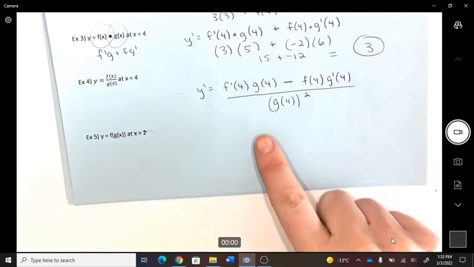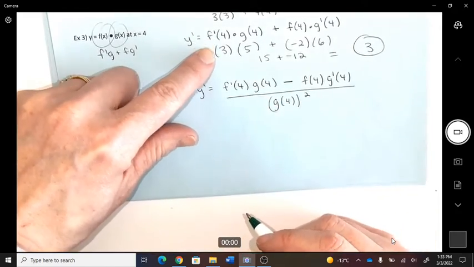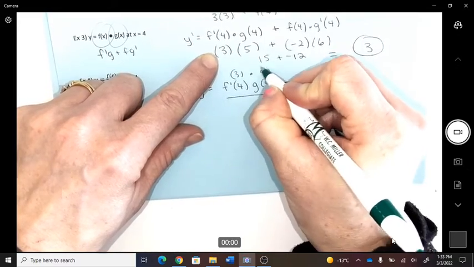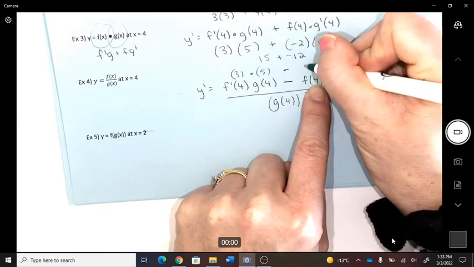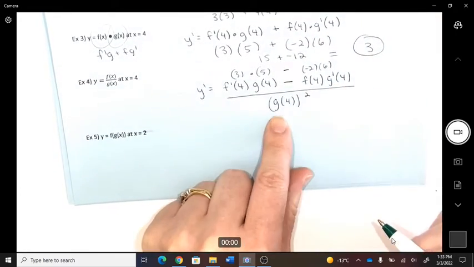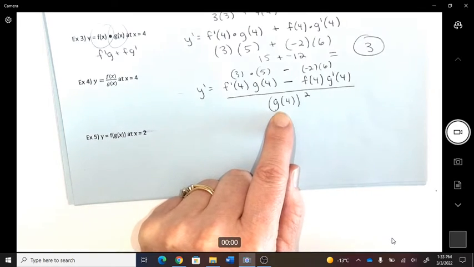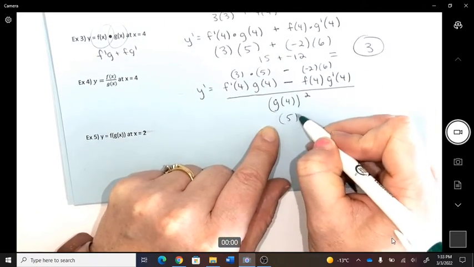Okay, I feel like these are all the numbers from above, aren't they? We okay to copy this? So we already did this, was a 3 times a 5, and then a -2 times a 6, and then what was the g for 4? That was the 5? 5 squared.